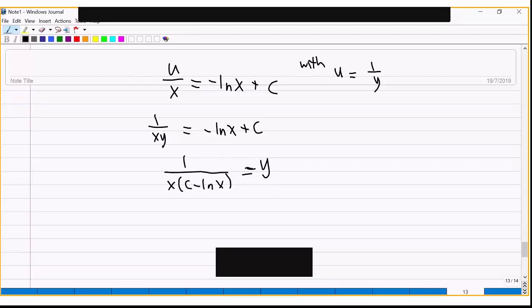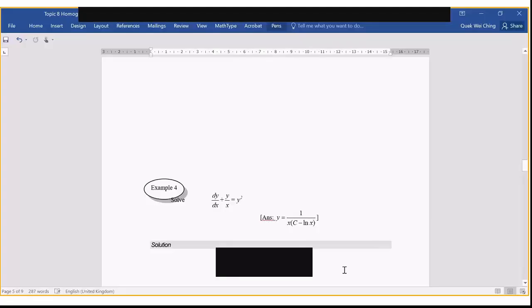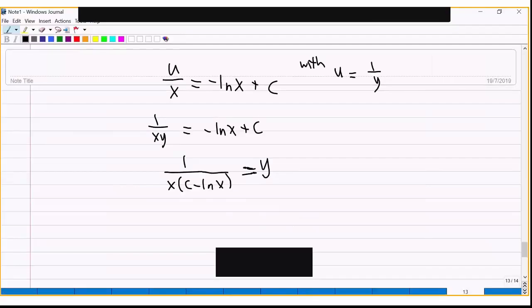And if you look at the answer, I think it is this one, the same as the answer here: x over c minus ln x. So this is how you get this part.